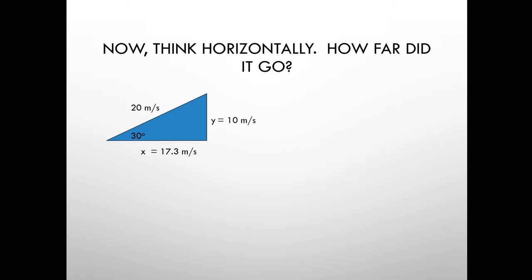Switching our mindset over now to think horizontally, how far did it go? The one constant when we change from thinking vertically to thinking horizontally is time. Time needs to be the same for both things. So when we think about horizontal displacement, denoted here by dh, it will simply be velocity times time.